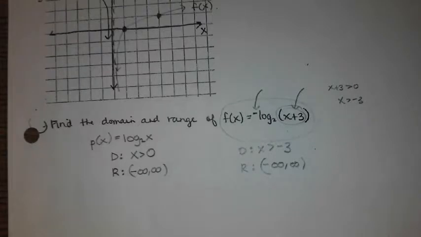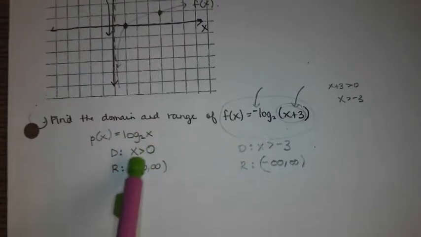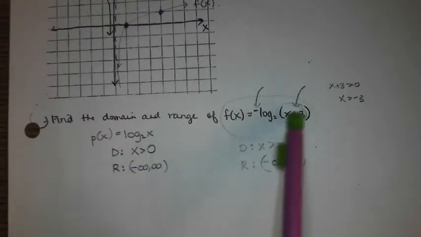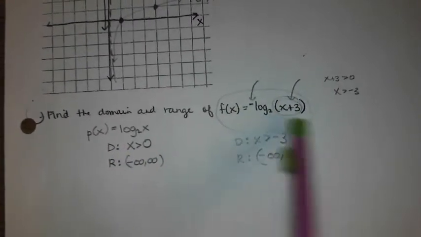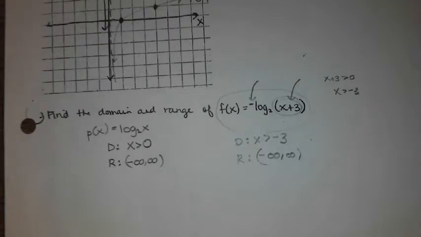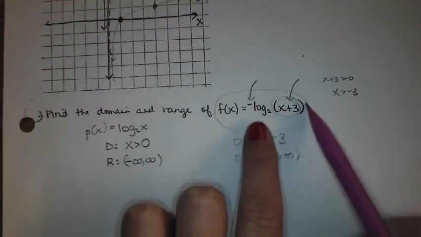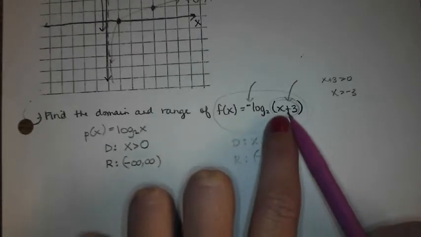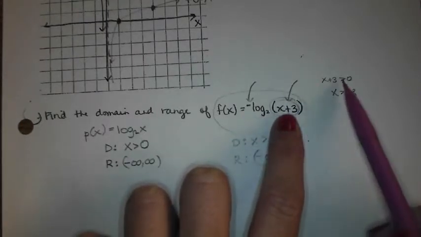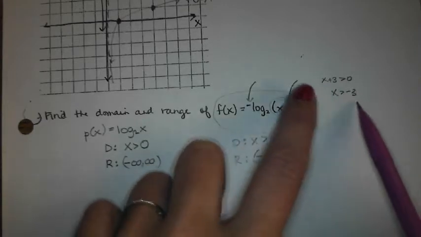Because you got that pretty quickly. Were you thinking along the lines of transforming the old domain, or were you thinking, oh, we can only take the log of a positive? Oh, you were. Okay. And that's fine. That's kind of the visual look, but like we talked yesterday, you can only take the log of a positive, so x plus 3 has to be positive, and then when you solve that, you get the same domain.